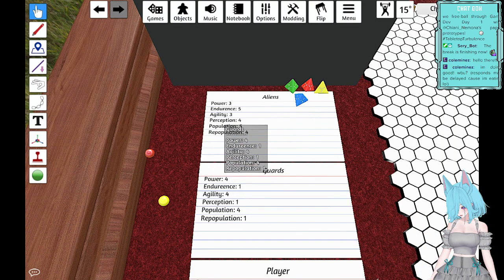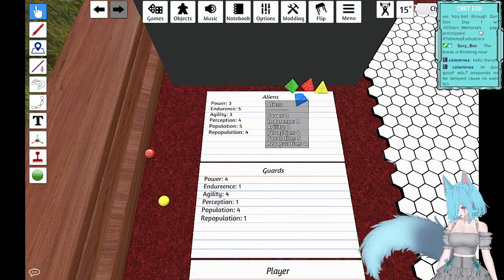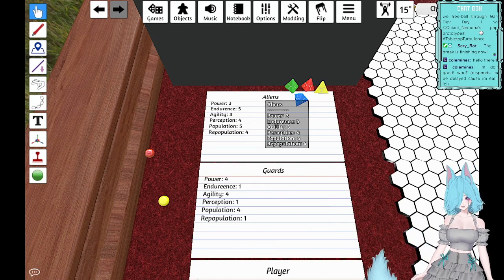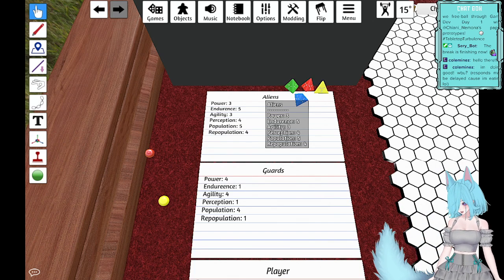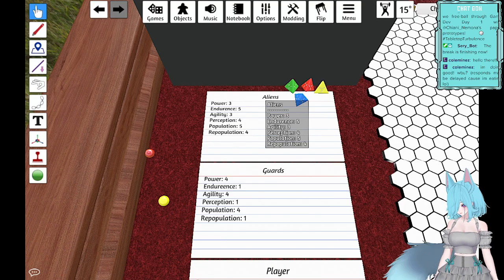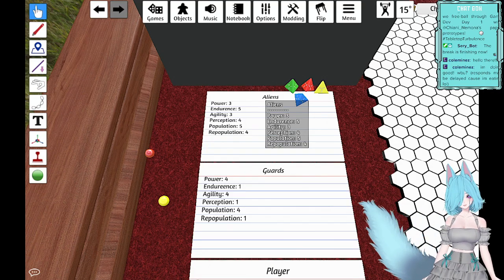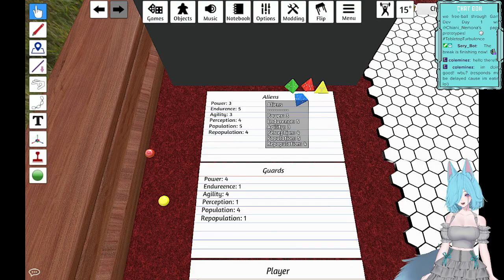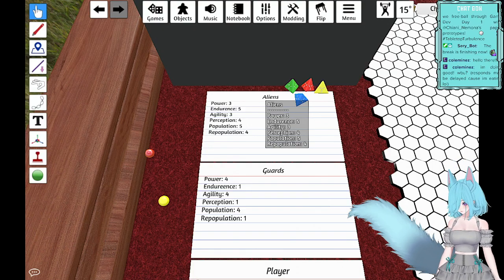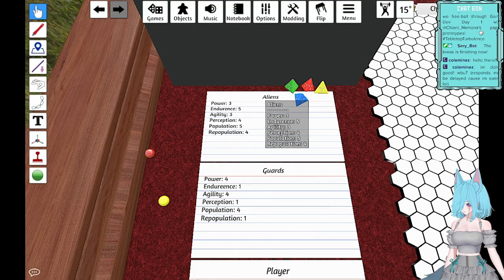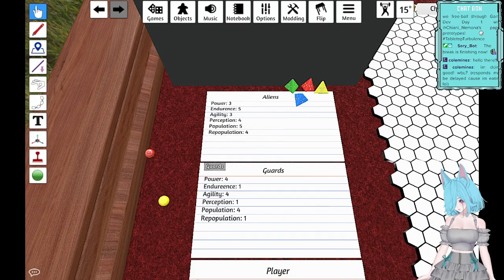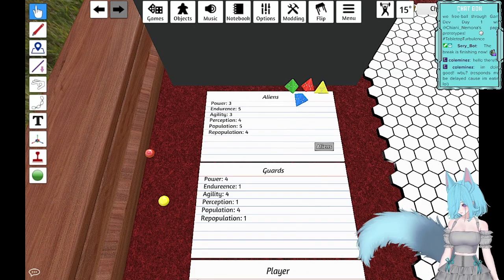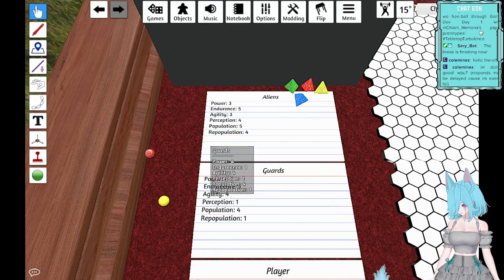So we need to calculate this. We want enough of them to die so that they're back to full by the time of the battle. They're gonna lose one guard here. They're gonna make a kill here.